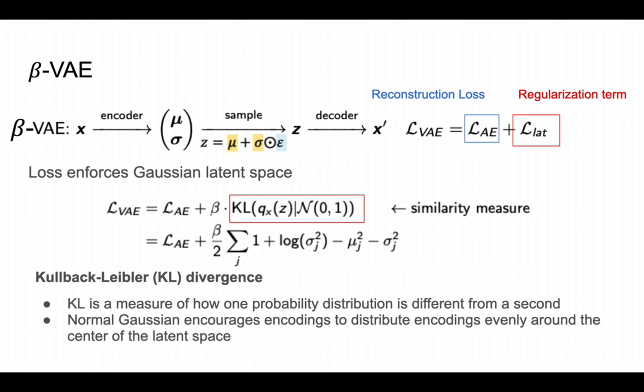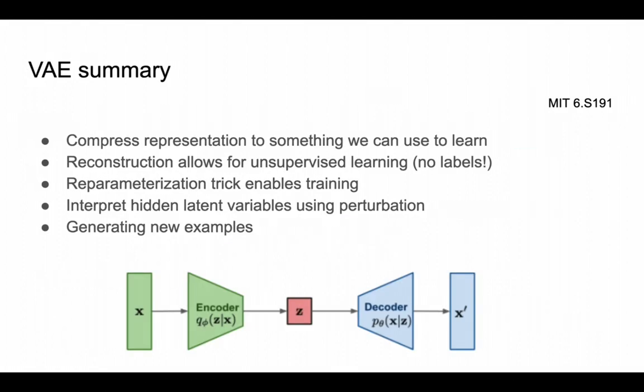variational autoencoder. In summary, a variational autoencoder compresses representation to something we can use to learn. The reconstruction process allows us unsupervised learning. This is unsupervised learning because the learning of the output here does not carry the label. In order to implement the VAE, it's required to introduce the reparameterization trick so that training becomes possible.